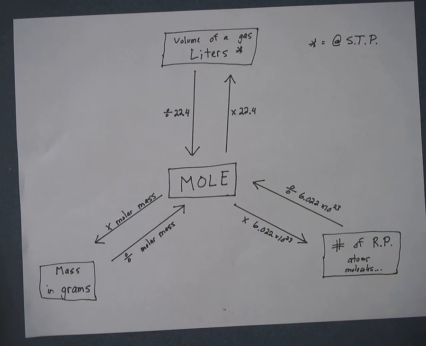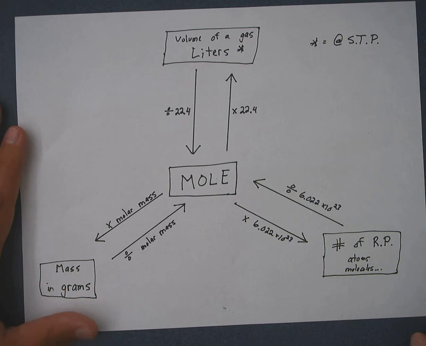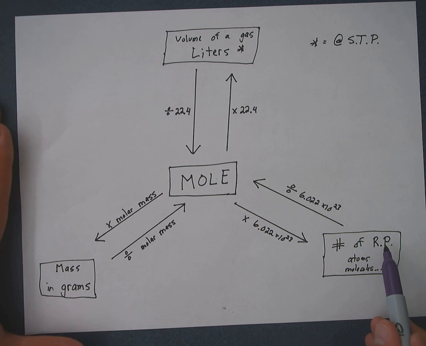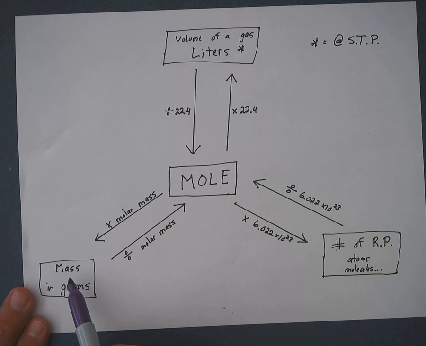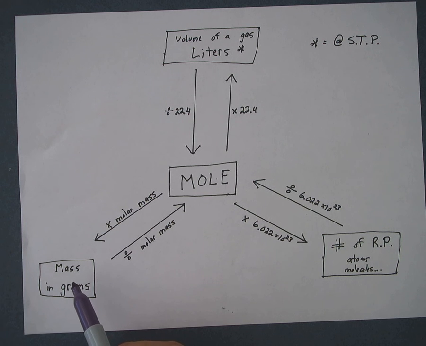In fact, today, I'd like you to add a couple other steps. So we have a number of particles. A representative particle could be an atom or an ion or a molecule or a formula unit. We have mass in grams, which is very key because that's how we count in this class, by weighing things first.